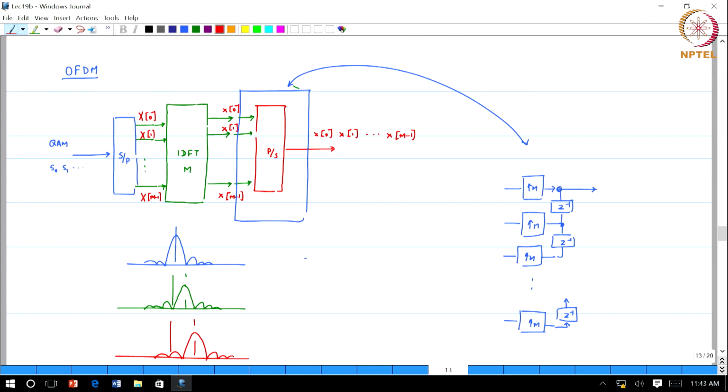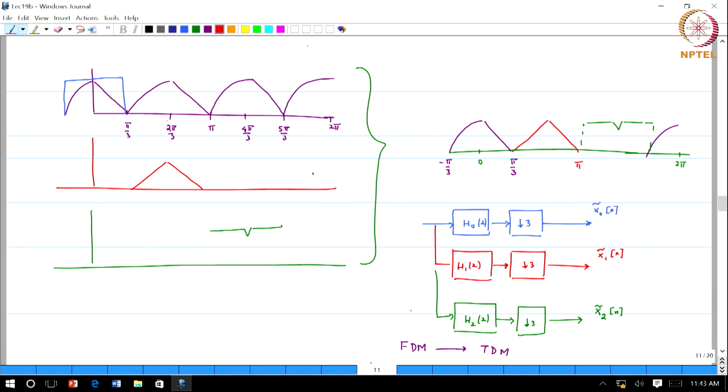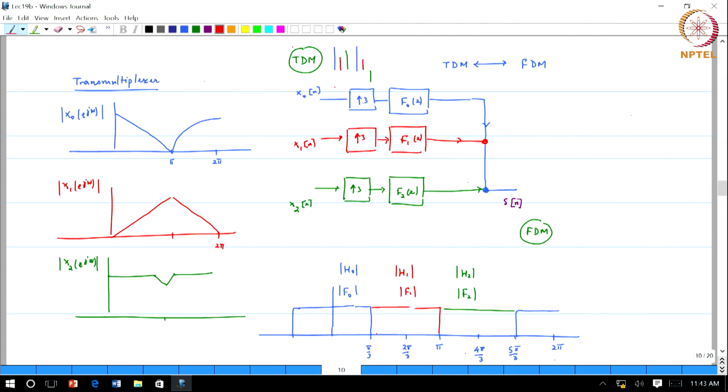If you now want to think about it as moving the interpolator to the front, what is it doing? It is a transmultiplexer, because in a transmultiplexer structure, the part that combines them has the upsamplers followed by a filter bank. So what is the OFDM transmitter?